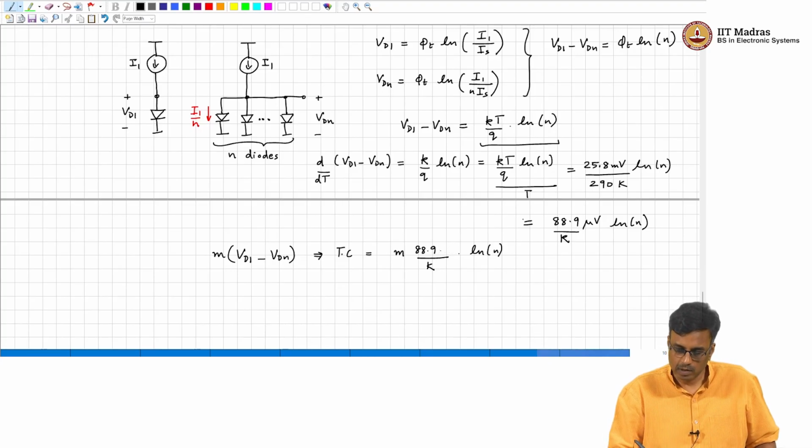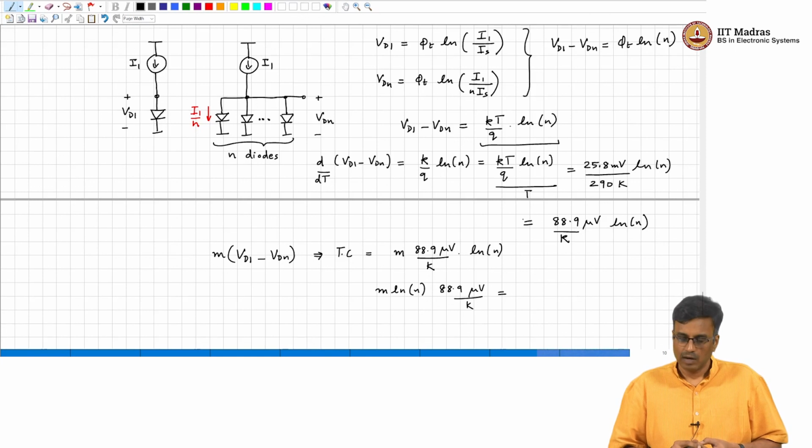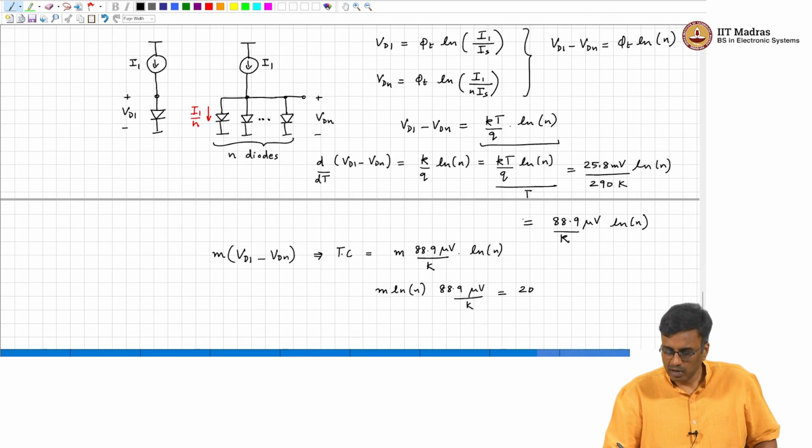So, m ln N times 88.9 microvolt per Kelvin must be exactly equal to 2000 microvolts per Kelvin.